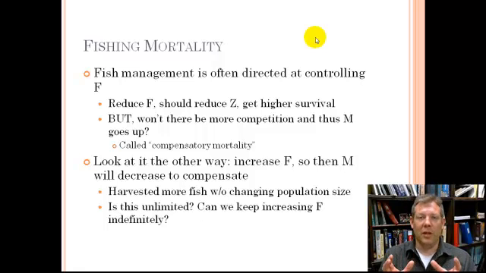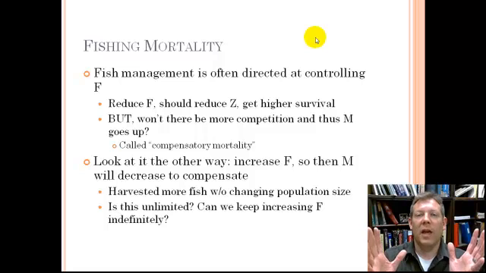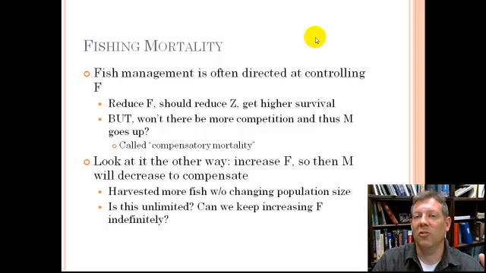At some point, if you keep increasing fishing pressure, then natural mortality will not decrease any further. And if you increase fishing mortality too much, then the remaining fish can't replace the ones that are taken out, because you're going to have too few fish, so they're not going to be able to find each other and mate.